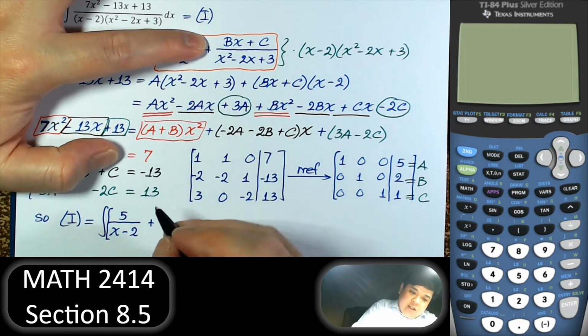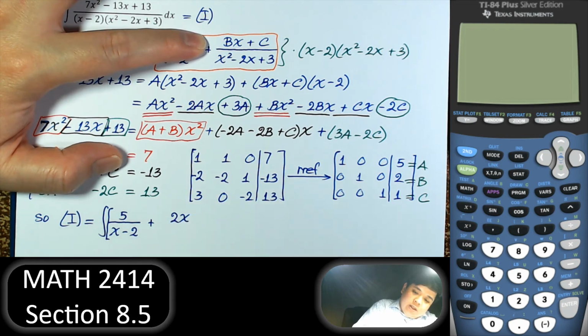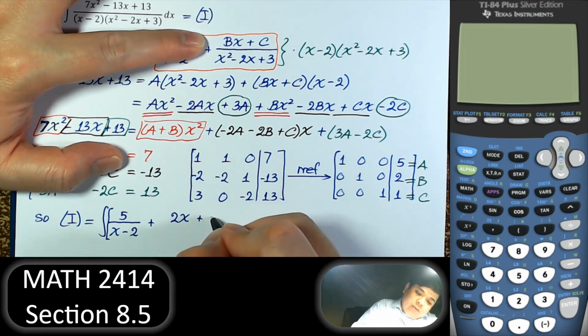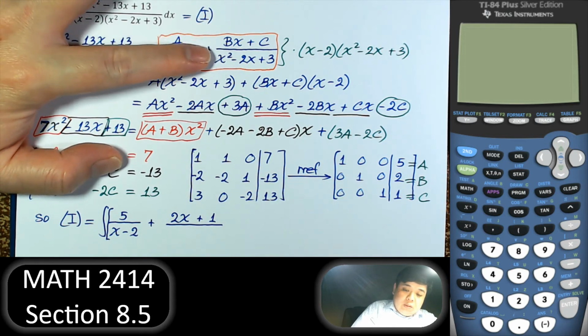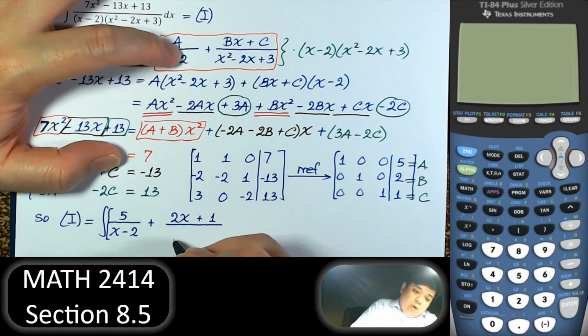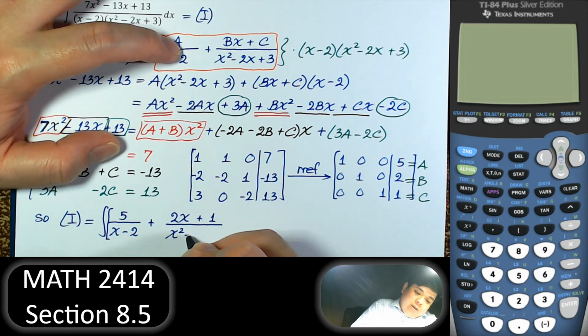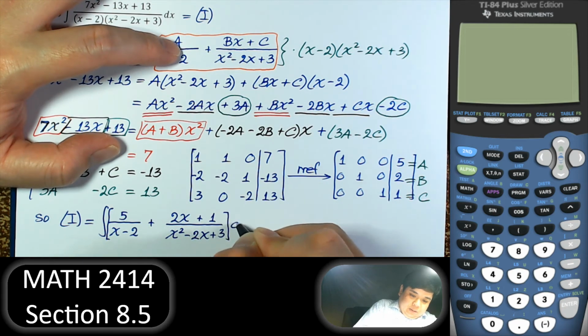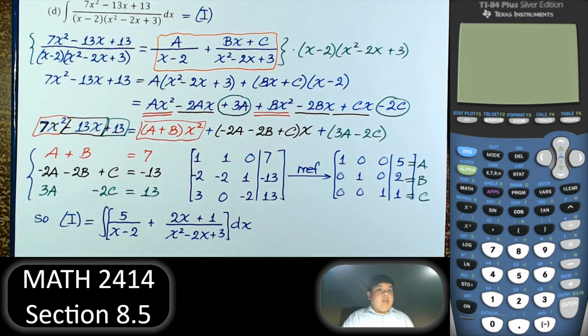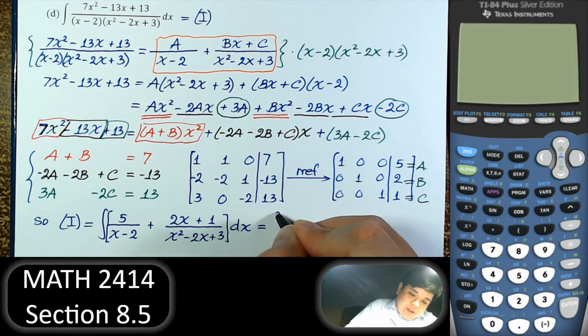And then B is 2x plus C over x squared minus 2x plus 3. And then we can split this up. Factor out the 5.